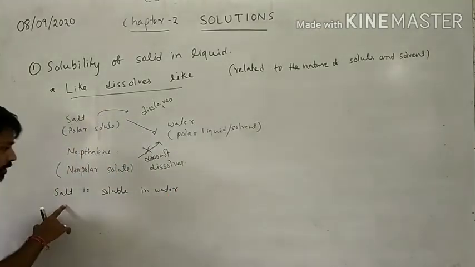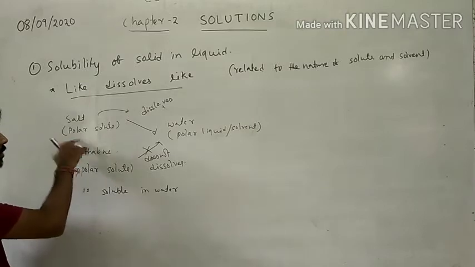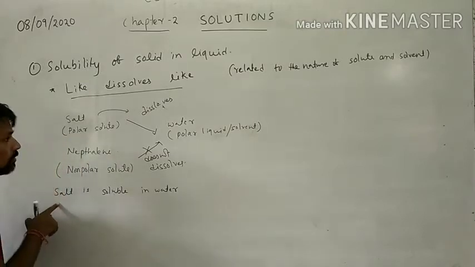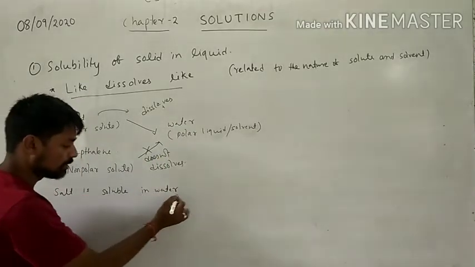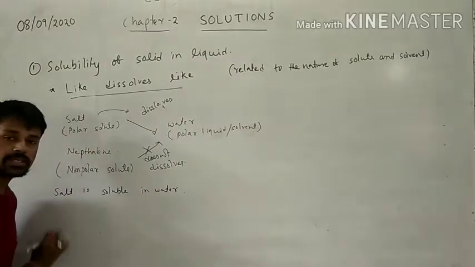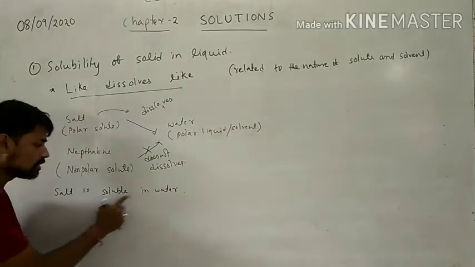Why is salt soluble in water? Since salt is a polar solute and water is a polar solvent. They are of the same nature. So salt is soluble in water.